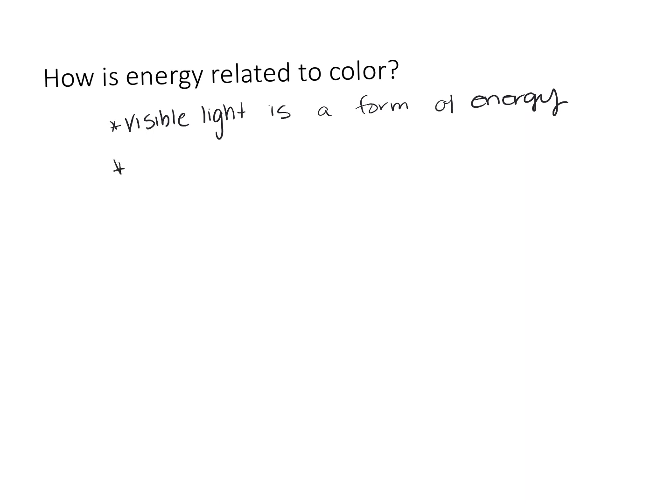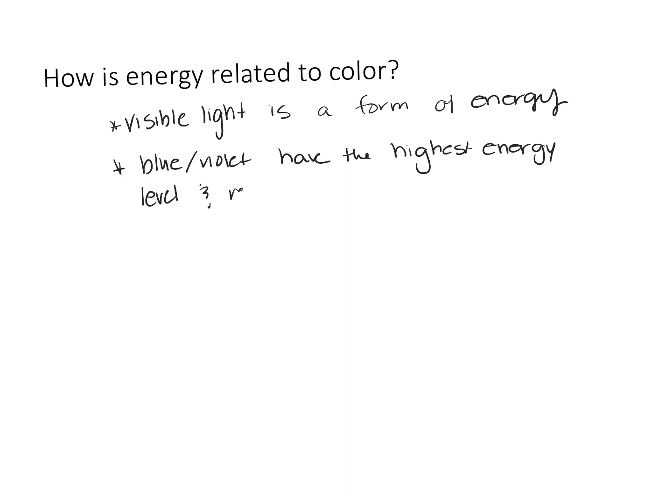Blue and violet have the highest energy level and red is the lowest, right? Now, waves of light, like all waves, transfer energy from one place to another.